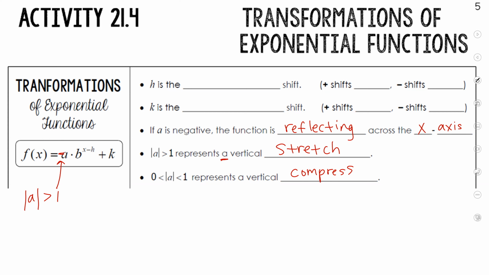All right? The next letter that we need to pay attention to is the H. That is up there with the exponent. You may or may not see it in parentheses, but it is part of the exponent. So H is the horizontal shift.